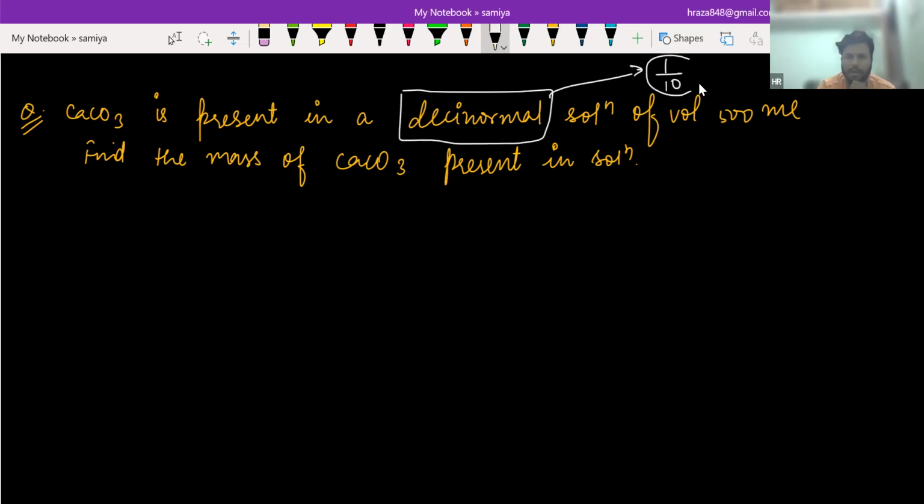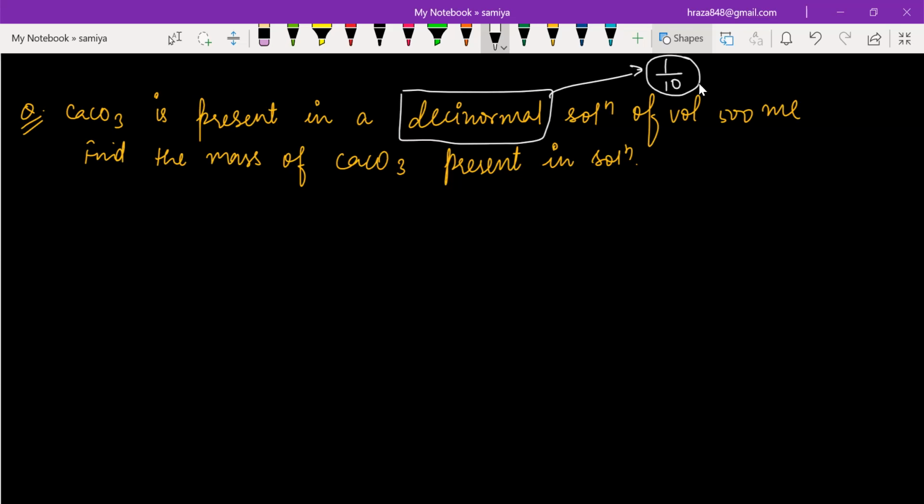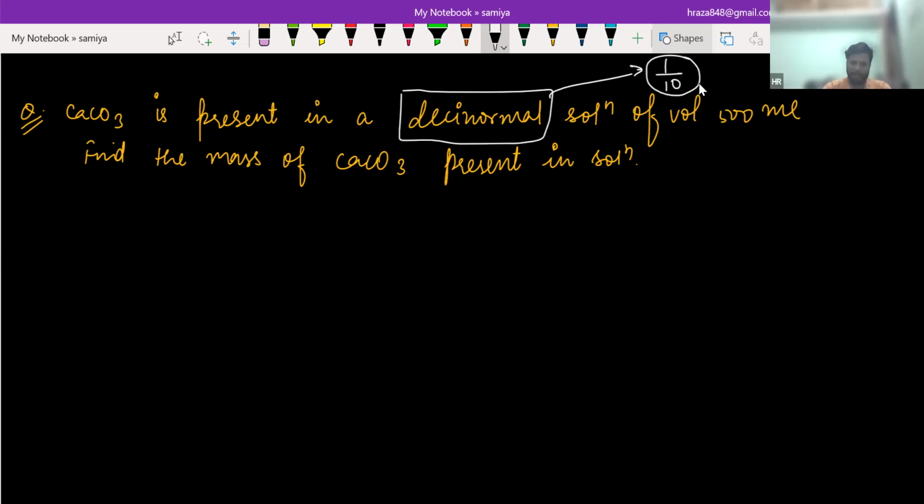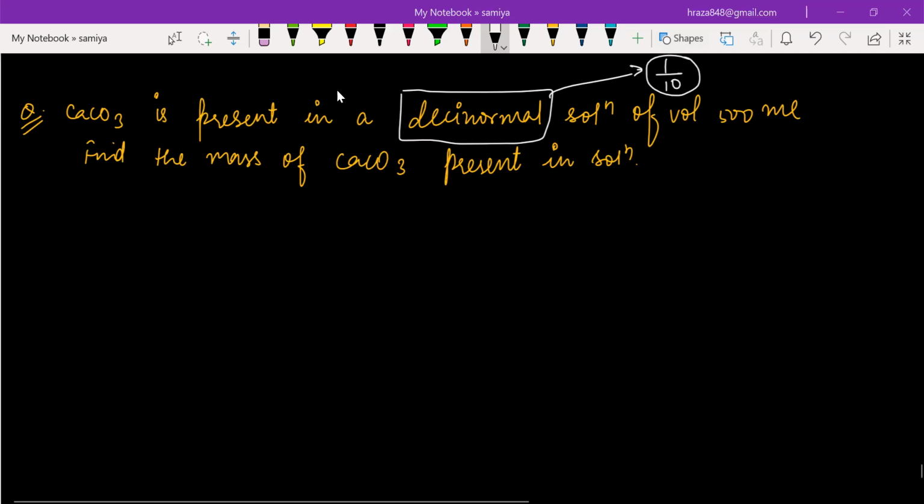After this question, I will give you a list of how to tackle this type of question, if decinormal, centinormal, binormal, or seminormal, how we are going to calculate. Okay, sir. Decinormal means 1 by 10 gram equivalent per liter. That means 1 by 10 normality is given.